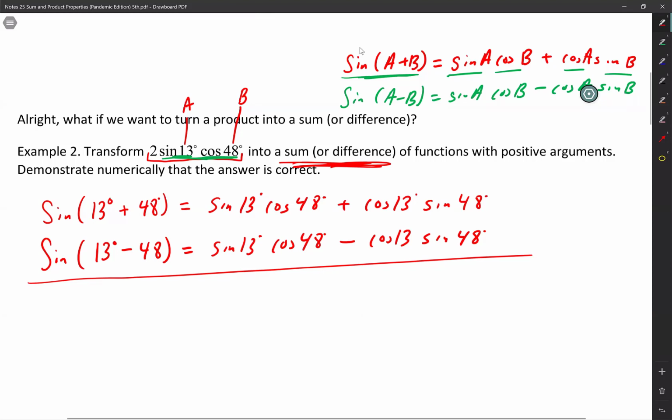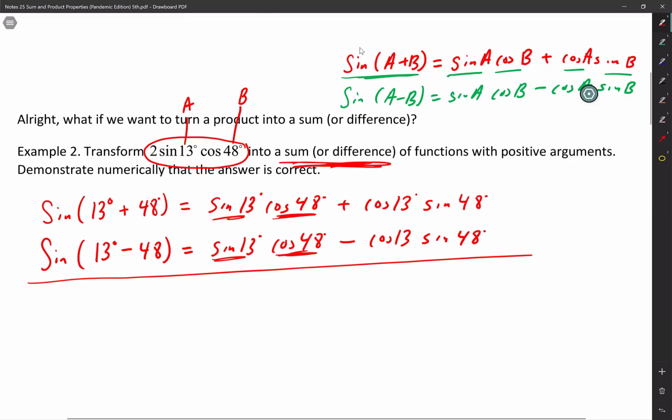Okay. Here we go. I'm going to go slow. There's only one way to get 2 sine 13 cosine 48. How's the only way? Here it is. There's a sine 13 cosine 48. The only way to get 2 of them is if I what?